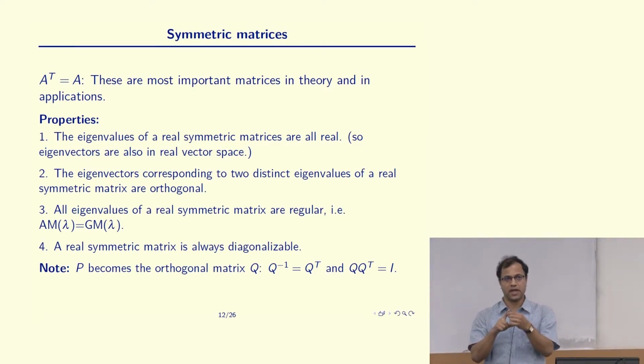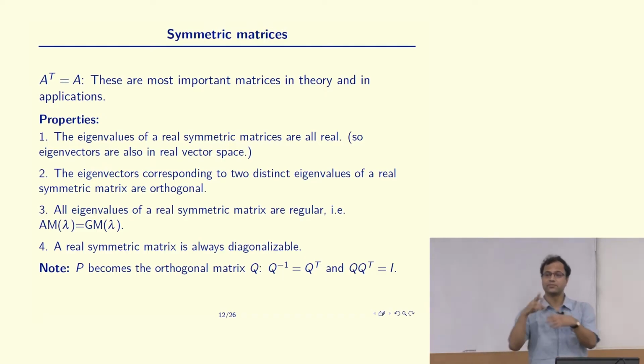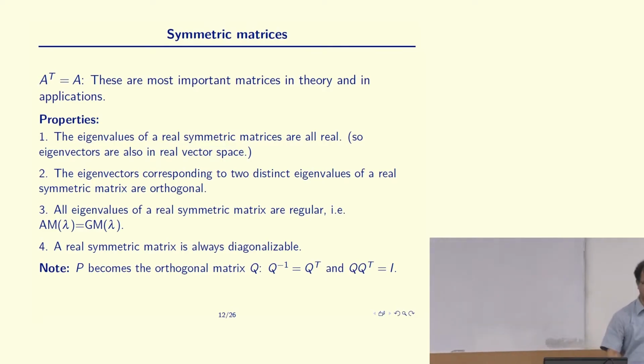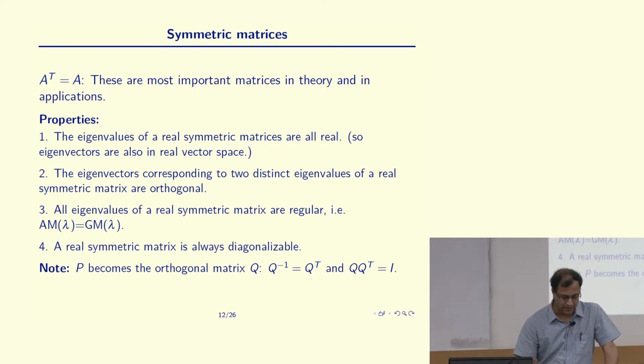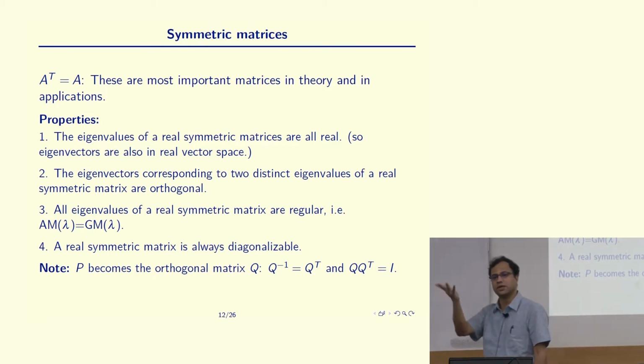That means you can construct this matrix P by considering the n orthogonal eigenvectors, and you can also divide by the length of those vectors, by which you will get n orthonormal eigenvectors. Then your P will be an orthogonal matrix, so I denote this by Q. In that case, you do not need P inverse, it will be Q transpose.